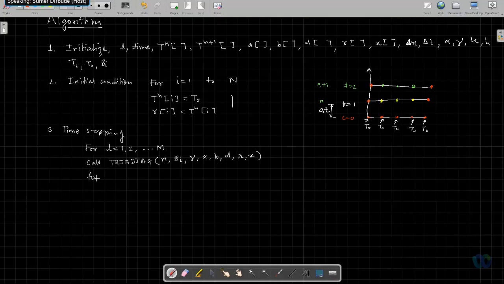Now what are the components of this tridiagonal? I will give that later, but let me write this.